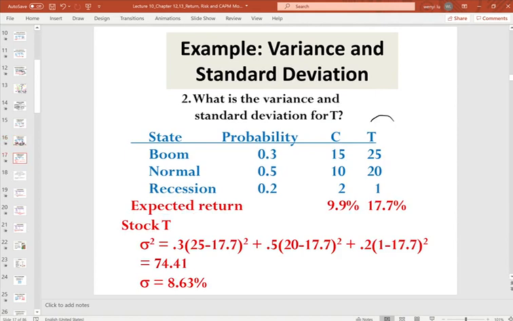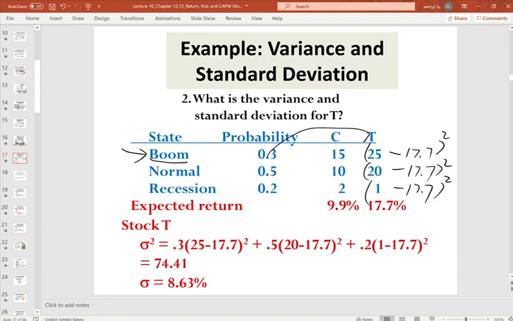Similarly, for the T stock, we can do the same thing. We use the T stock return for a different state, first minus the expected return, and then we take the square. Now we will add them up. Be careful before you add them up: for a different state, the probability is different, so we first need to times the probability for each state.